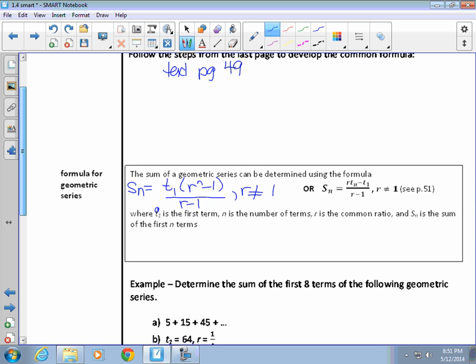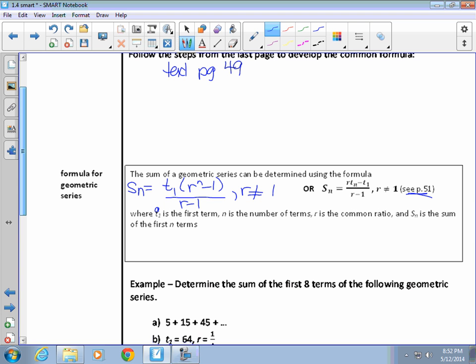So if you have those three things, first term, the number of terms, and the ratio, then you can use this sum formula. If you don't, then you use this formula. And how they derived this formula is on page 51 of your textbook. So if you want to know how they came up with that formula, then just read through that section of it. You don't need to know how they came up with it, so I'm not going through those steps.